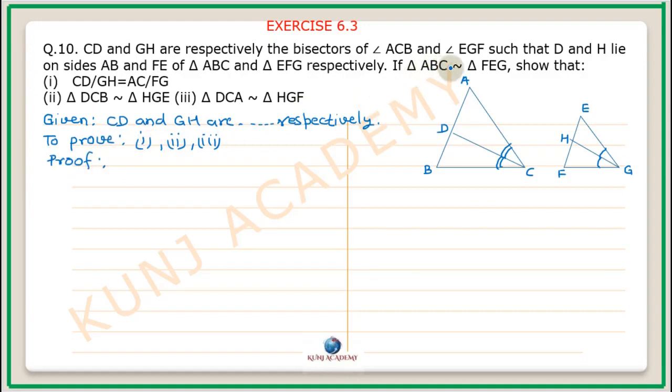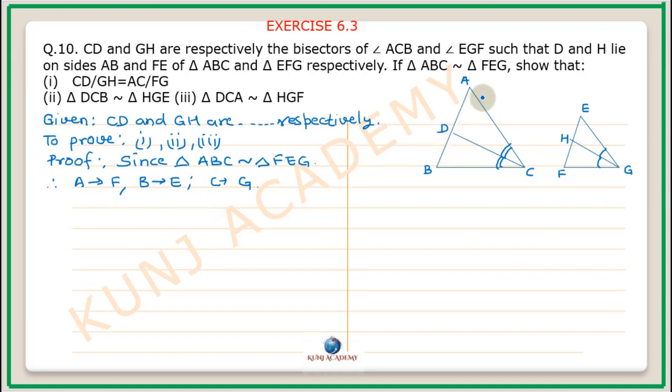Since triangle ABC is similar to triangle FEG, therefore the correspondence is: vertex A corresponds to vertex F, B corresponds to vertex E, and C corresponds to vertex G, and corresponding angles are equal.